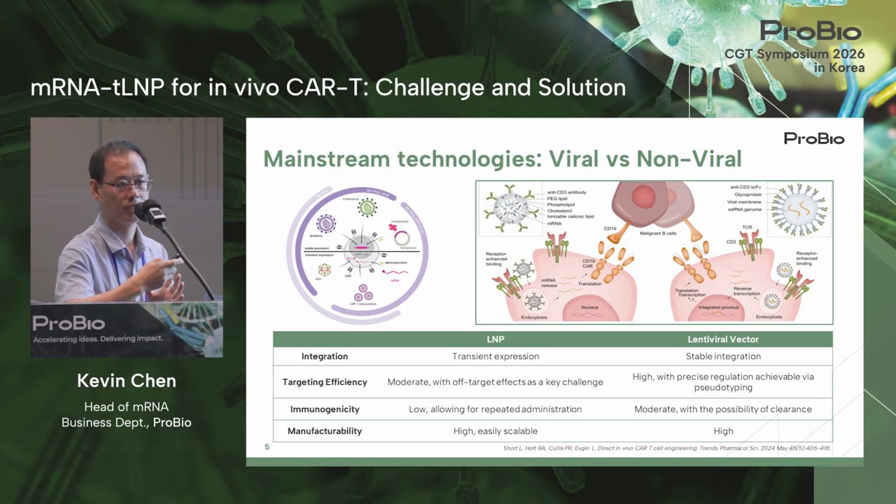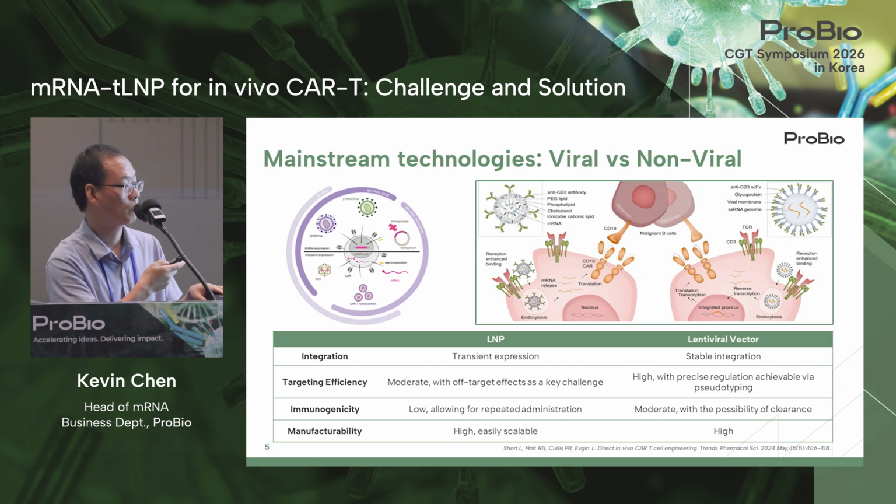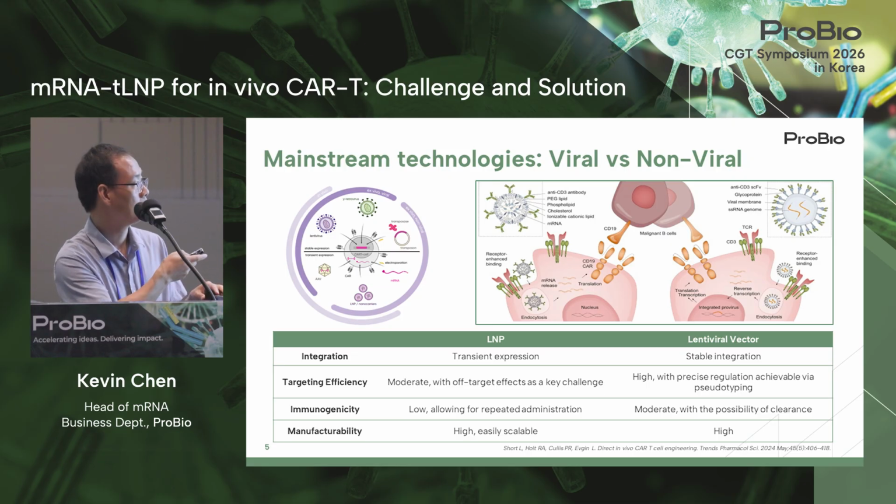We can mutate the lentivirus and also add some binders on the surface so that the LV can specifically target the tissues we want. And here is a table showing a comparison between these two methods: either a transient expression or stable integration into the genome. The targeting efficiency is also a little bit different.